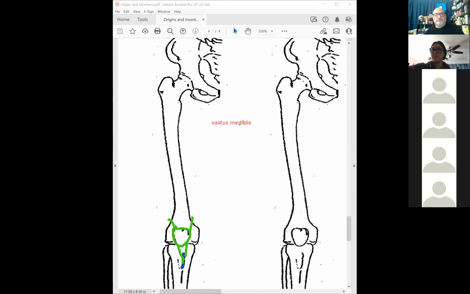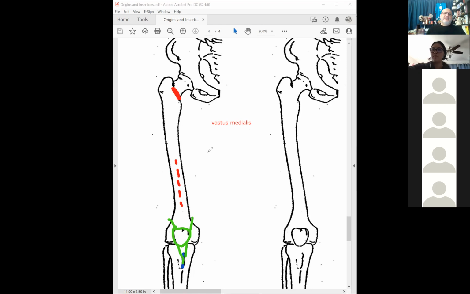The linea aspera. Yeah, where's that? Isn't that on the back side of the leg? Backside of the femur? Yeah. And what else? The intertrochanteric line. There you go. Which is on the anterior side.